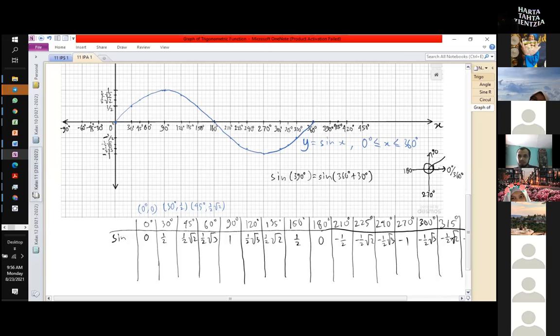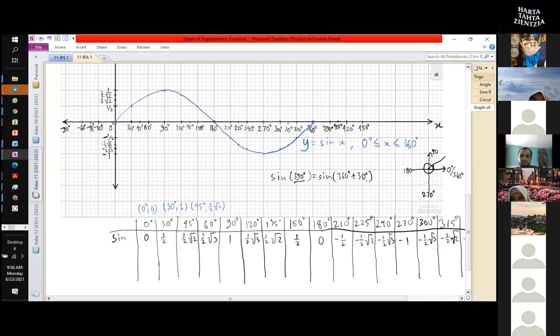So this is 390 degrees, and also 30 degrees, yeah. So the sine is exactly the same.